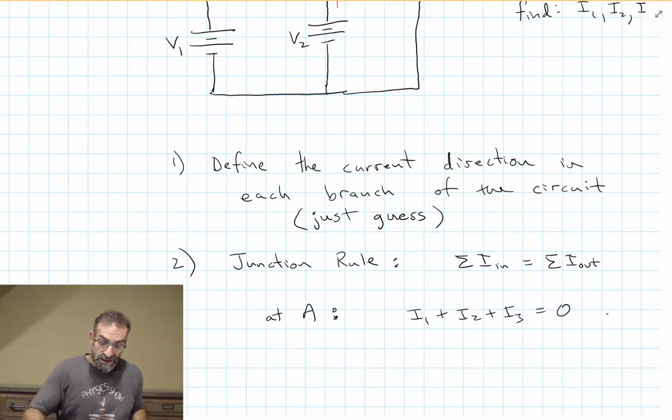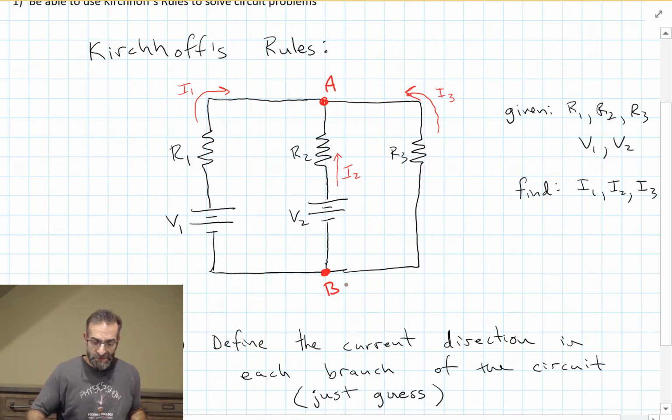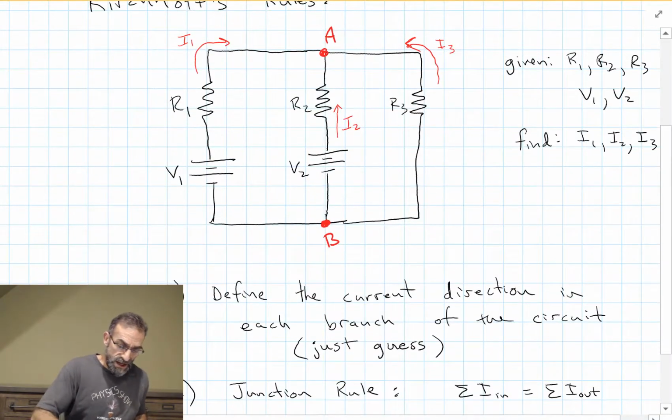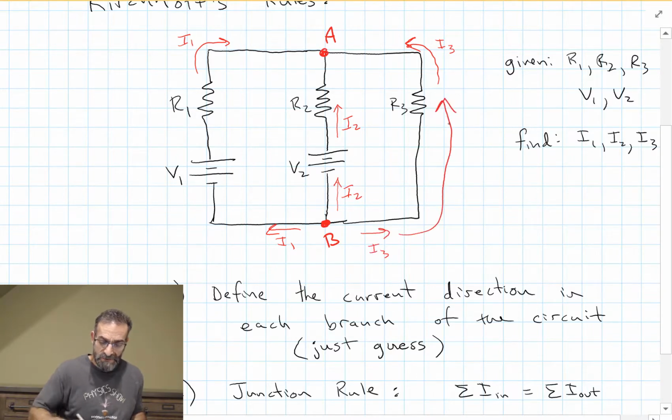We could have picked the other junction, junction B at the bottom. What would we get if we picked that junction? Let's see. We have to follow these tails around. I1 is coming out of B, and it's going up this side and around and into A. I2 is flowing up the middle, and I3 is flowing this way and up and around this side.